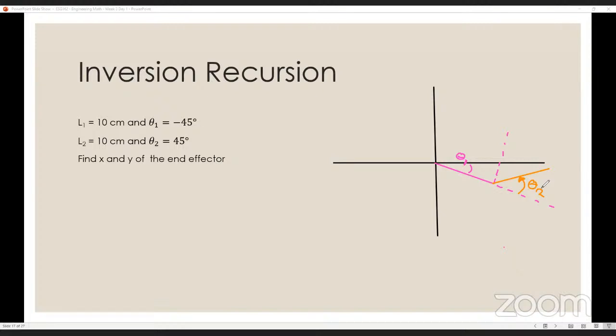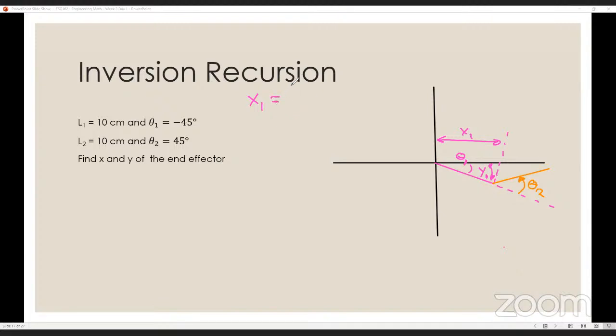Okay. So we want to find x and we want to find y. Let's start with finding x1. How do I find x1 here? Well, we just did it. This is my x1. This is y1.